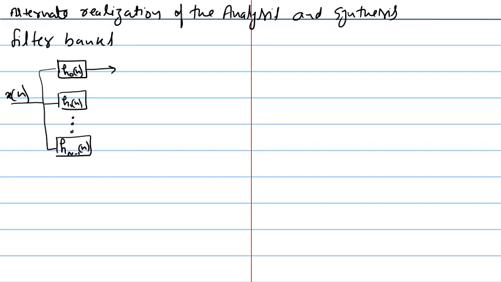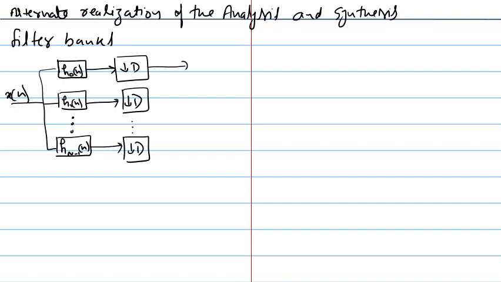We know that after this filtering, we were doing a downsampling by D, then multiplication with the complex exponential of minus j omega naught md.